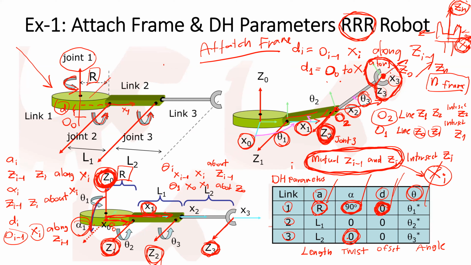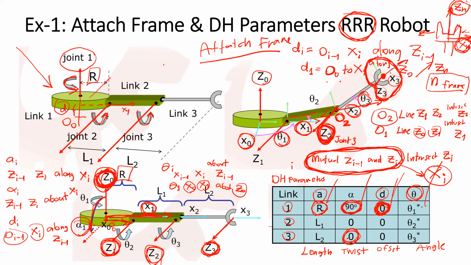So the direction measured from x0 to x1 about the z0 axis is the joint angle of joint 1. So in this case, the joint angle will be theta 1.